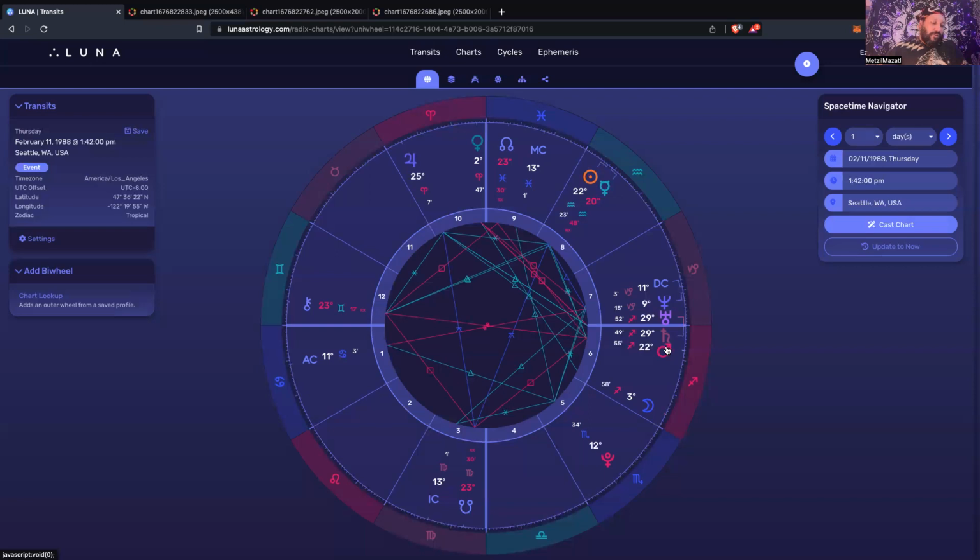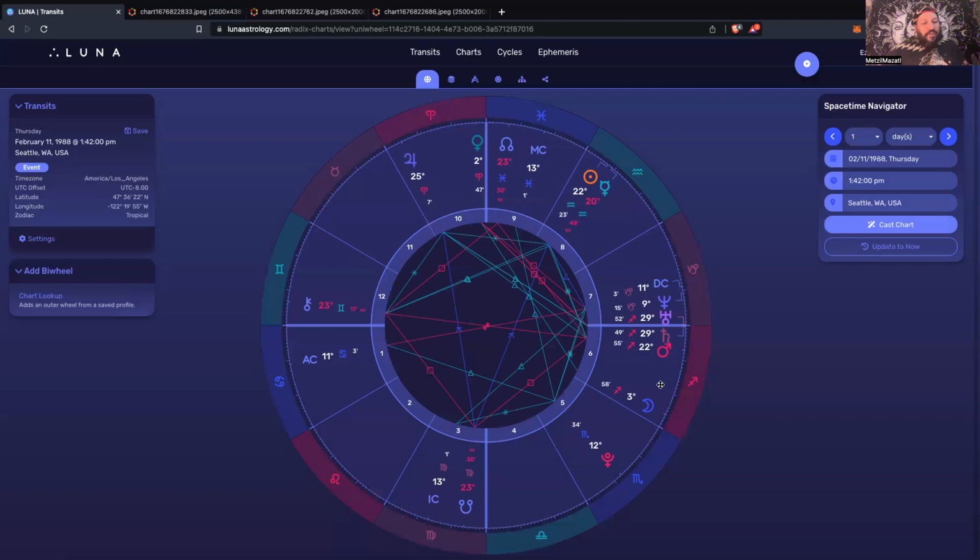Let's see. Where were we? Okay, so Moon in Sagittarius. Diurnal chart is ruled by the sun. So the fire signs in this chart are all ruled by the masculine fire of this sun placement. So together they're creating light, they're creating intuition, they're creating ideas, they're creating insights together.